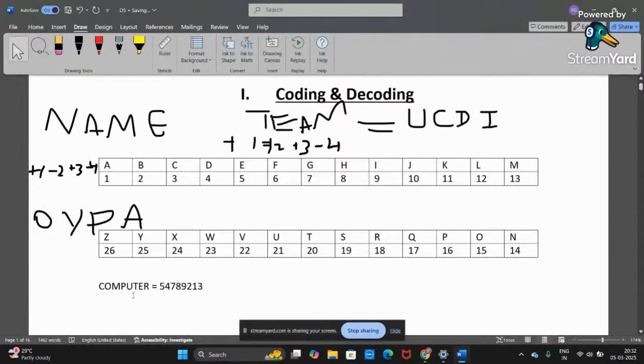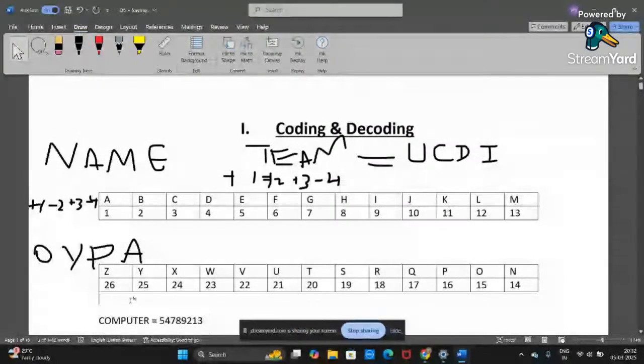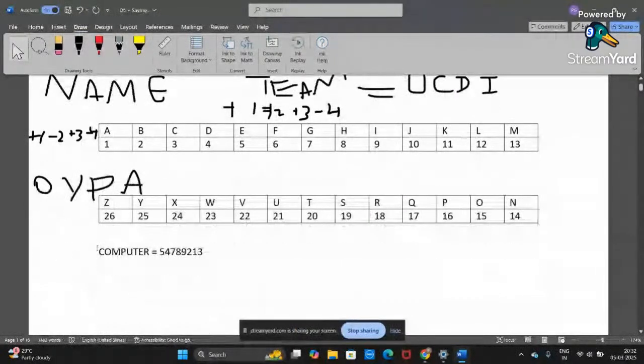Okay, the word computer is coded as 547892213.